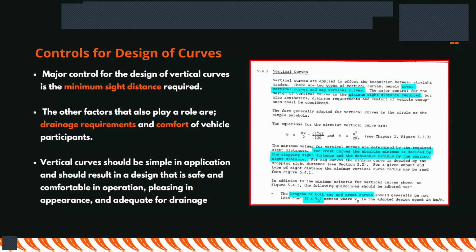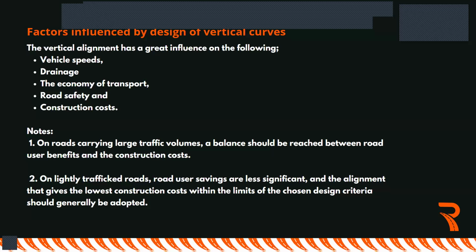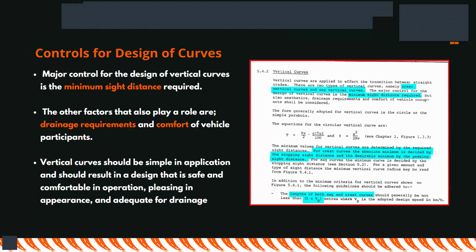The other thing is the comfort of the road users. But most importantly, the vertical curve should be simple in application and should result in a design that is safe, comfortable in operation, and pleasing in appearance, and at the same time adequate for drainage.